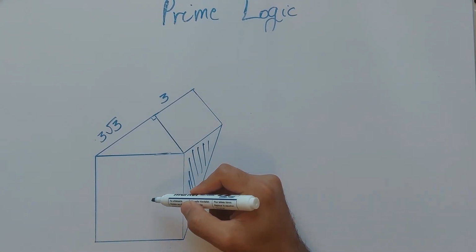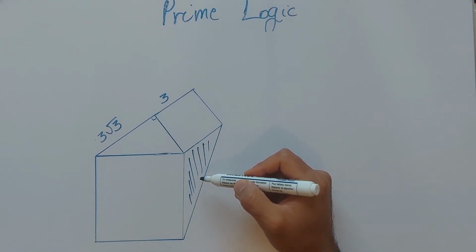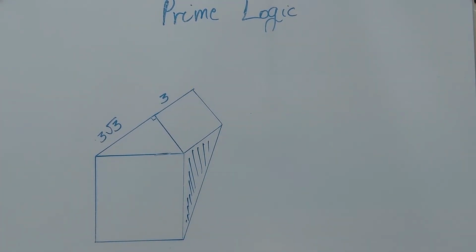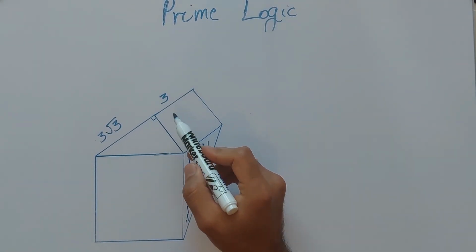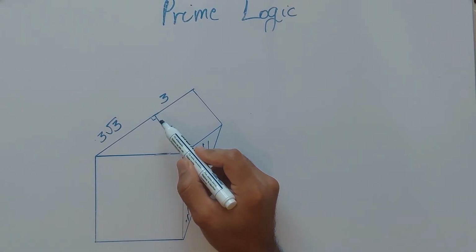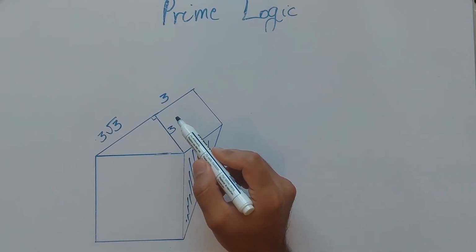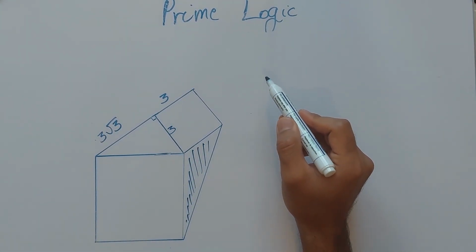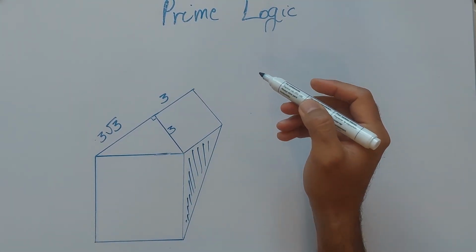So we have two squares and we have two triangles. What is the area of this triangle? We know that this is a square, so this side of this right angle triangle is also 3. Using the Pythagorean theorem, we can find the length of this hypotenuse.